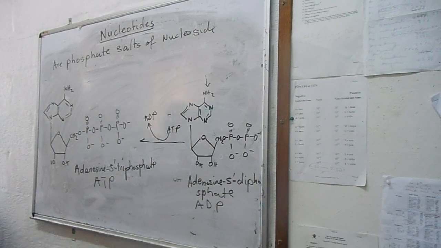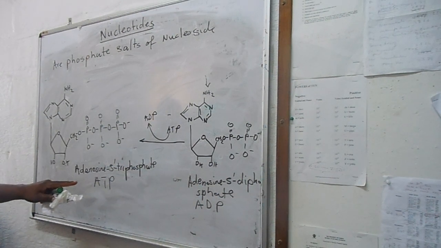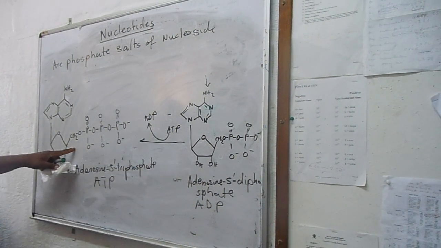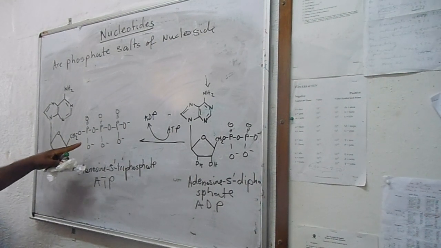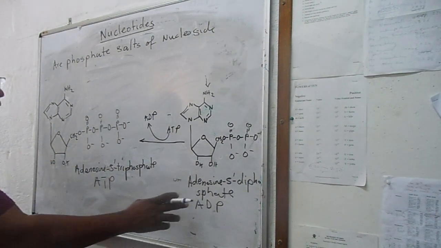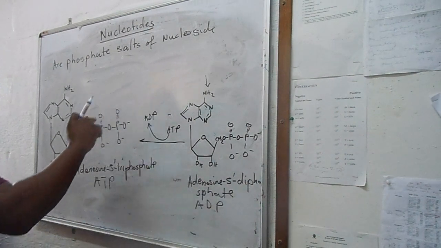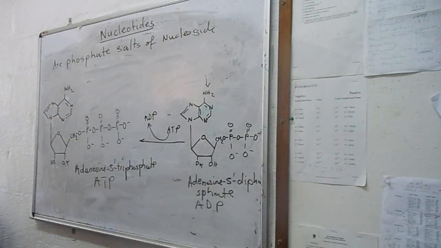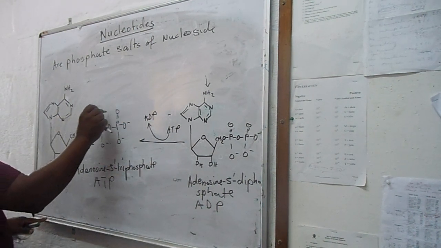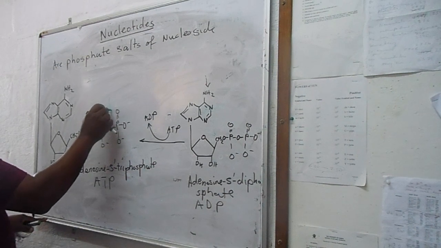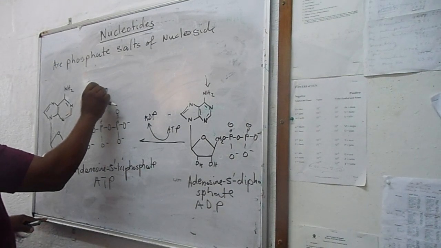We know this from grade 9, or is it from grade 1 nowadays? Okay, that is your ATP. This nucleotide is a triphosphate. This nucleotide is a diphosphate. We had another one which was a monophosphate.